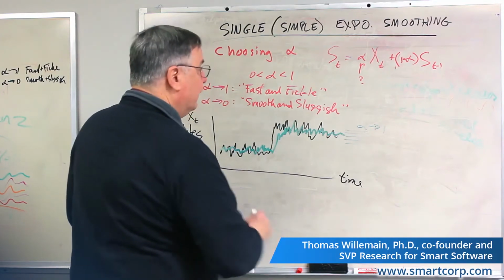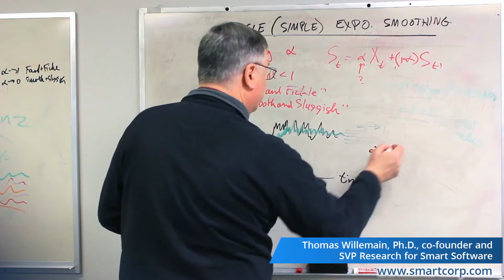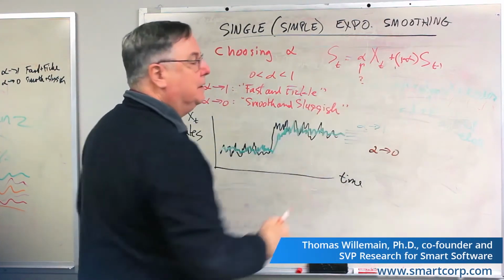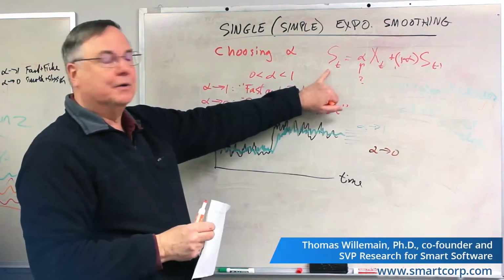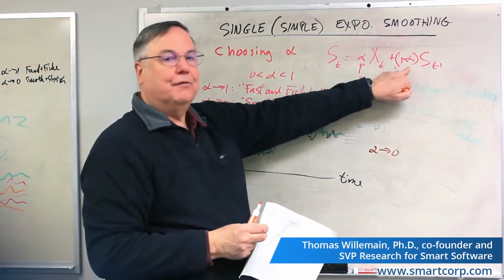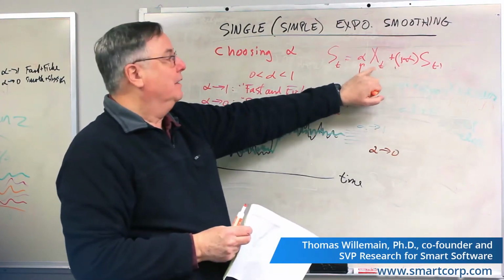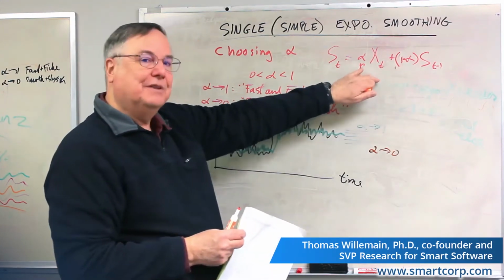But if we have alpha closer to 0, then as new data come in, it gets very little weight. It changes this estimate of the smooth very little. 1 minus alpha might be 99%, and this might be 1%. So this one is going to be 99%, the last one, plus a little bit of adjustment.